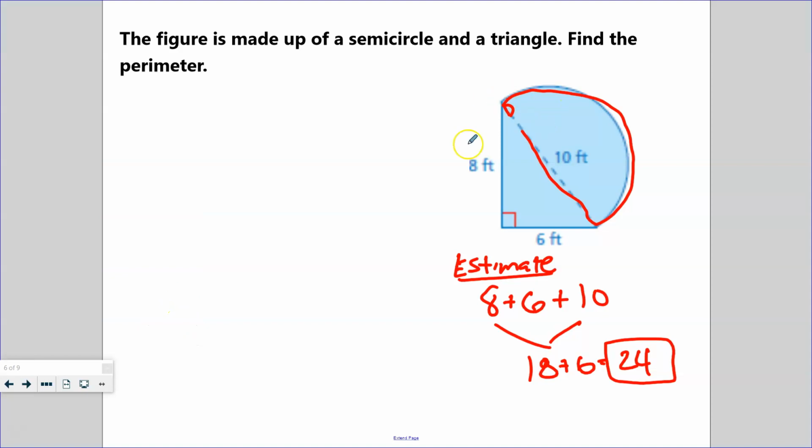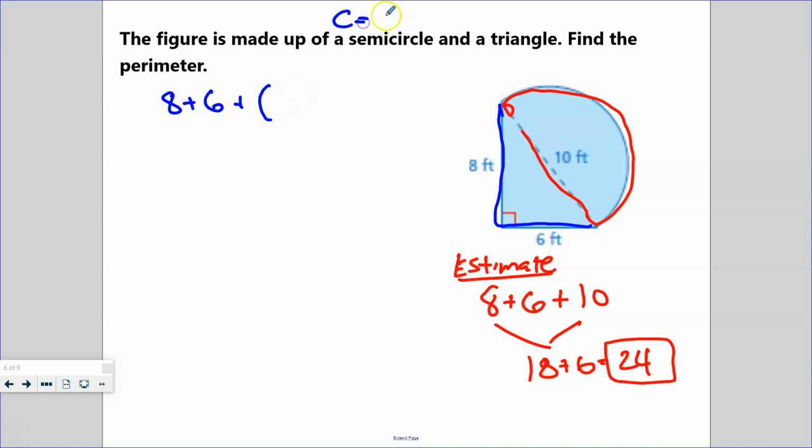And then we have another one right here that we know, right? And so we know that it's going to be 8 plus 6, plus whatever this semicircle is. And so we'd say the perimeter of that is going to be 8 plus 6 plus the circumference formula, right?